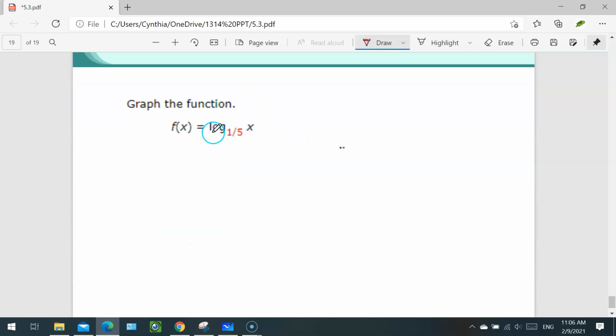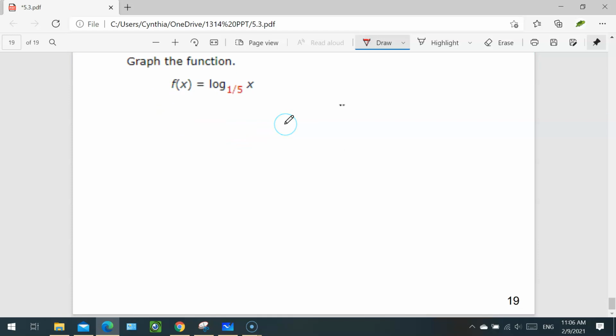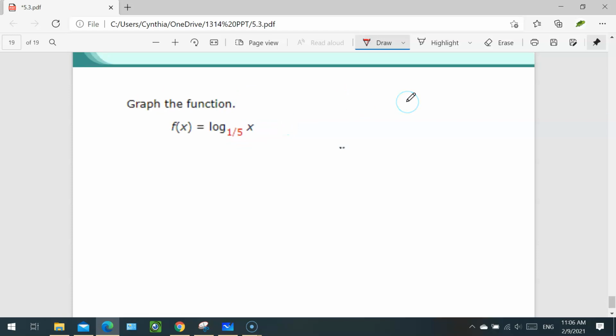Graph the function log base 1/5 of x. In order to graph the logarithm function, the easier way to complete the work is to rewrite it as an exponential function. So I'm going to rewrite this with a y: log base 1/5 of x equals y. Converting back to the exponential function, write down your base, and the power is y, so x equals (1/5) to the power y.